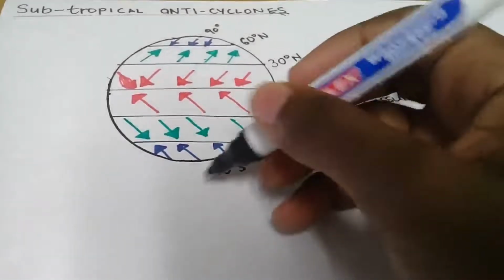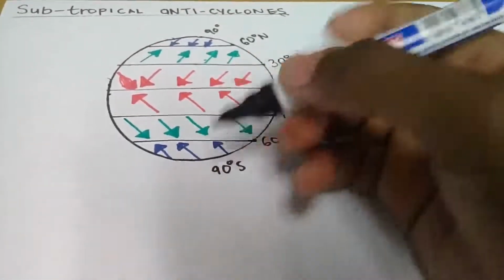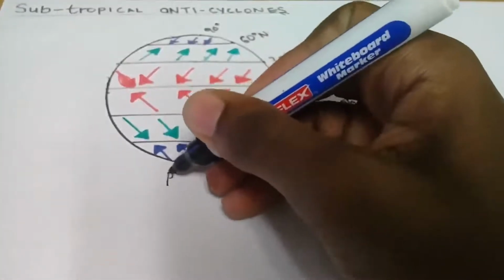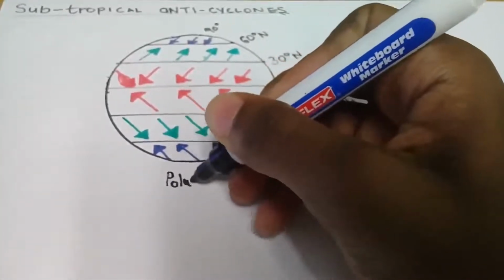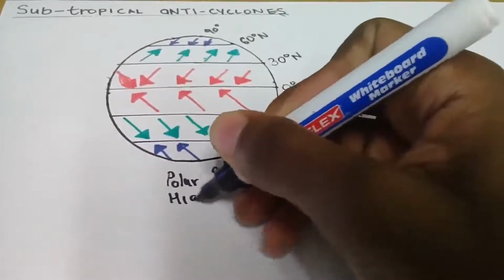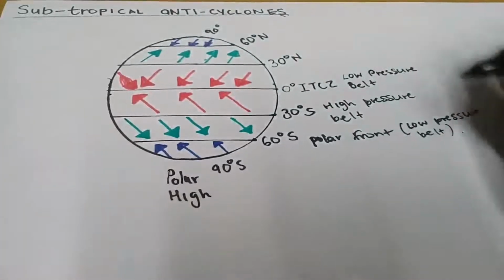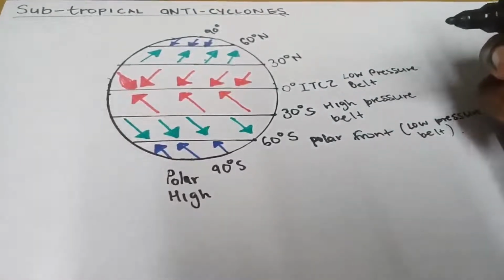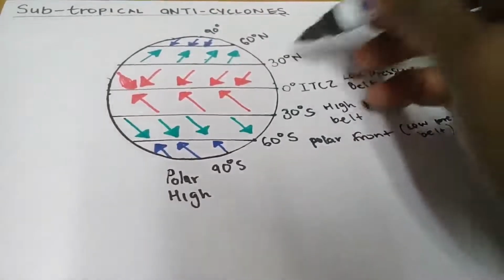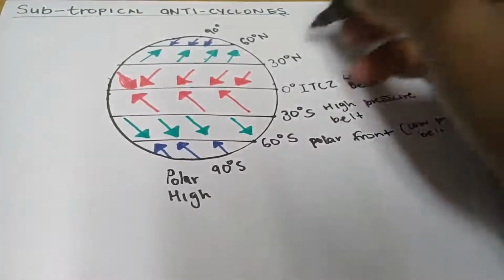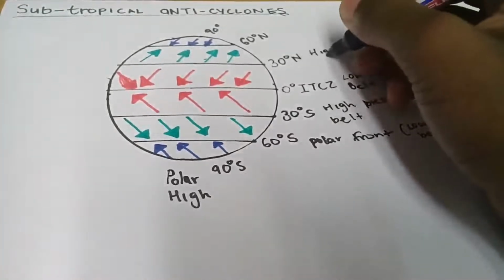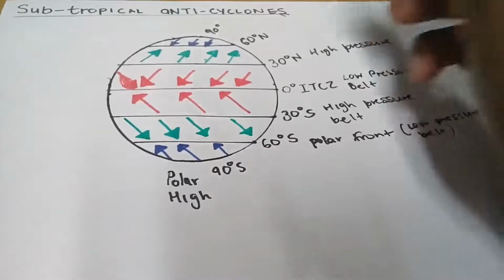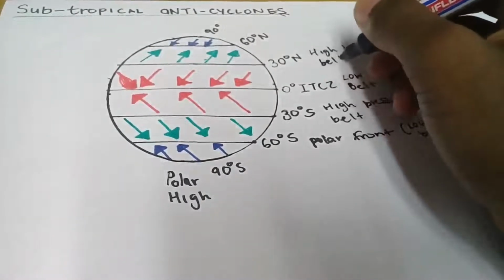Then here we have the polar high. There is high pressure because at the poles there is the polar high. Again, at 30 degrees we have a high pressure belt.